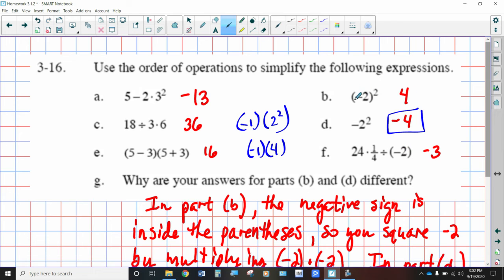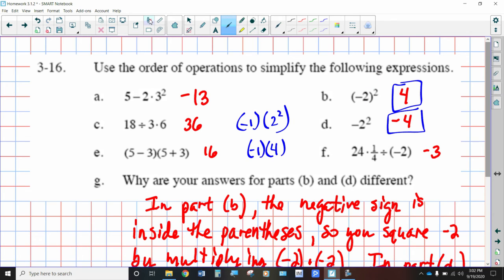Here, the parentheses have the priority, which means you've got to take the opposite of 2 first before squaring it. So what otherwise was a lower priority, the multiplication of -1 times 2, is given now the highest priority because you've put it inside parentheses. So now (-2) squared is -2 times -2, which gives you a +4 because you're multiplying a negative times a negative.